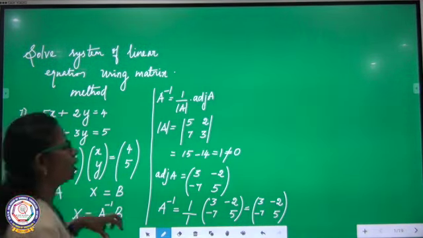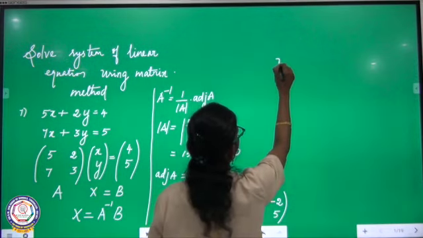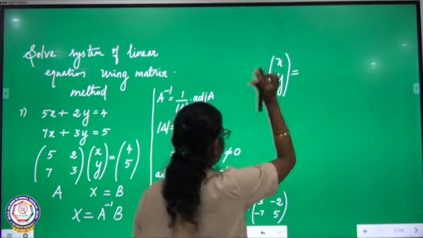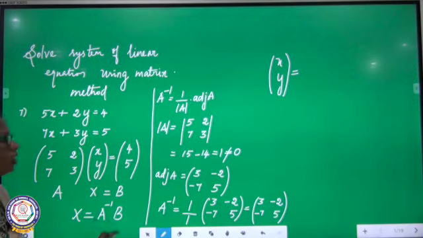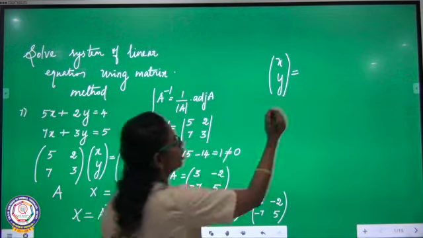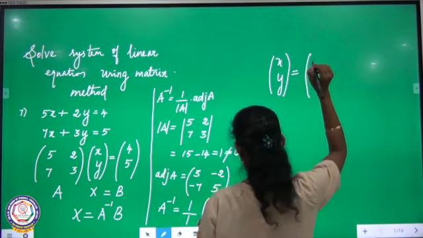Now X should be replaced in terms of X, Y equal to, because A inverse and B we are going to represent in matrix form. The same way X and Y can be represented in a matrix as X, Y equal to, what is your A inverse?